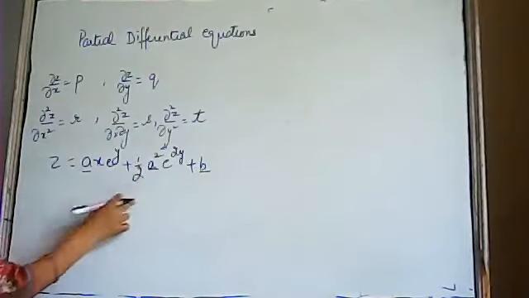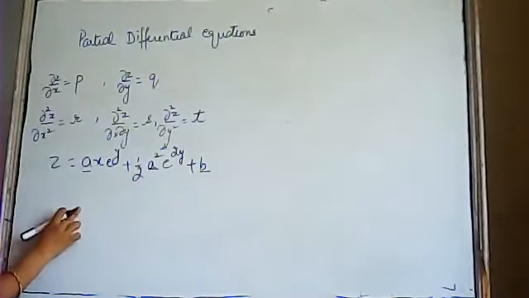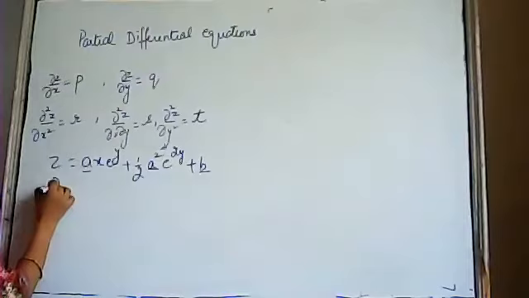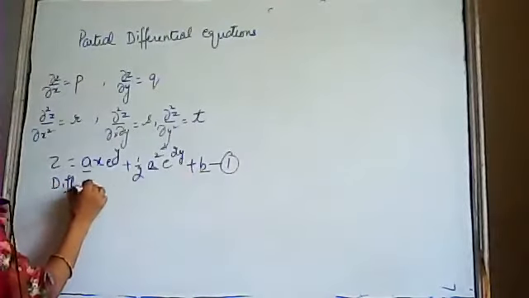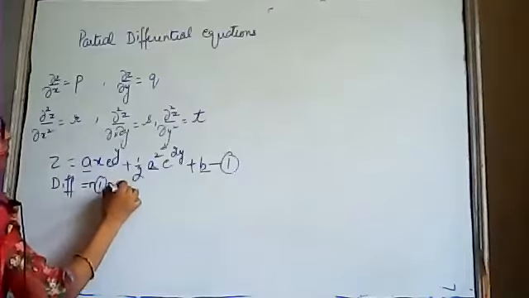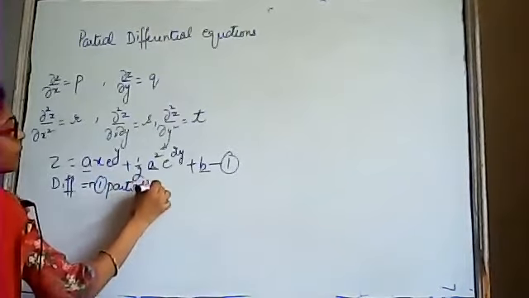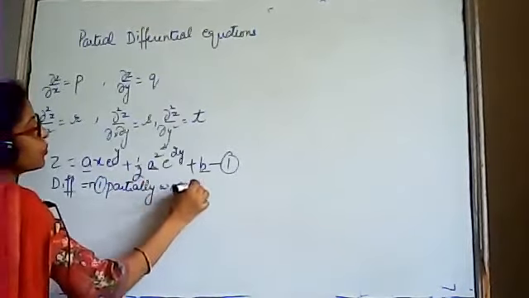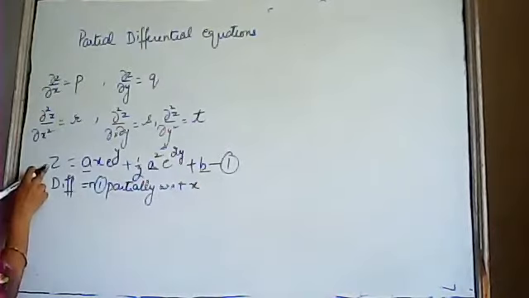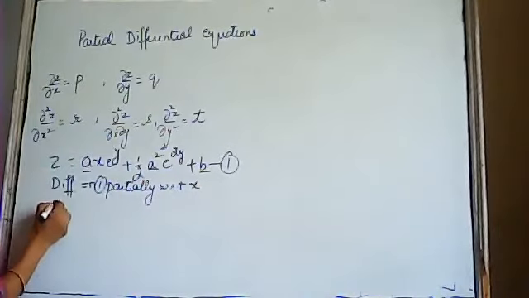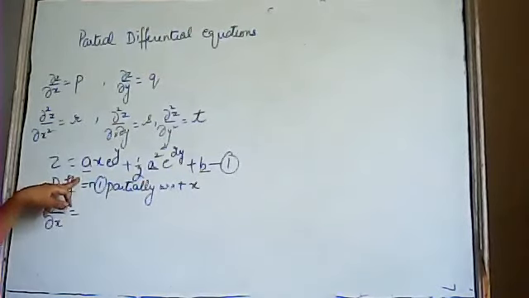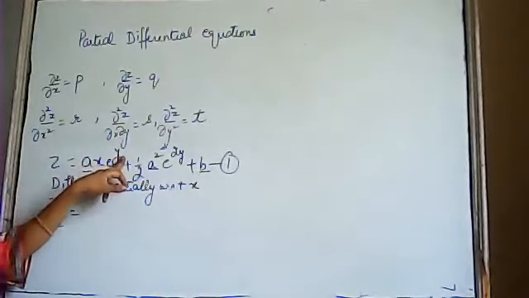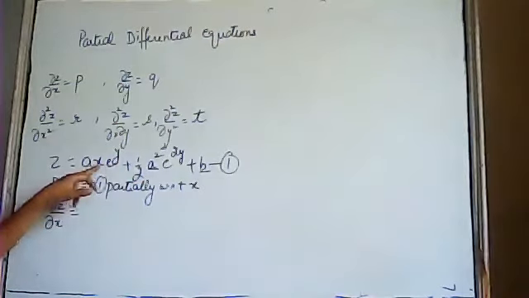We have 2 constants. We can differentiate it with respect to x as well as with respect to y. Step number 1, differentiate equation 1 partially with respect to x. Left hand side will be ∂z/∂x, and in the right hand side, a is constant. Similarly, e^y is constant because we are differentiating with respect to x.